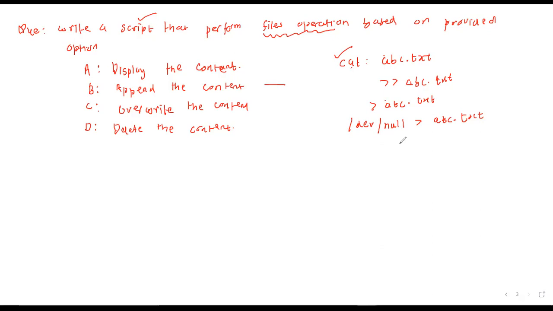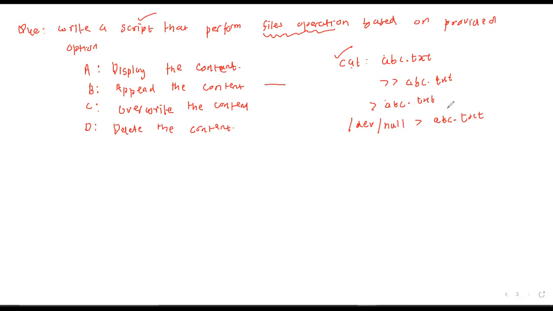Okay, any queries? So here, this is the null file. This is a file having no data. So if we overwrite by using redirection, see here also we use redirection. By using the redirection symbol, we overwrite the content. So abc.txt is overwritten by the null file, and as the name suggests, null means there is no content inside this file.